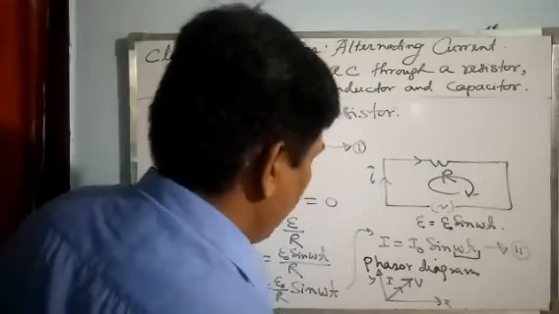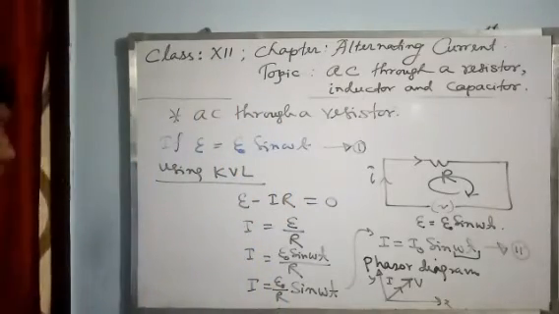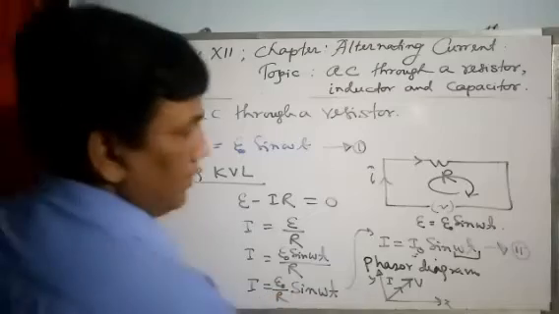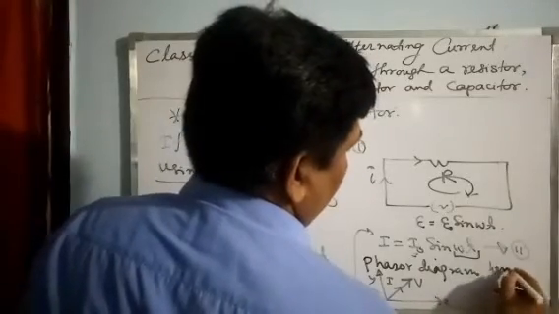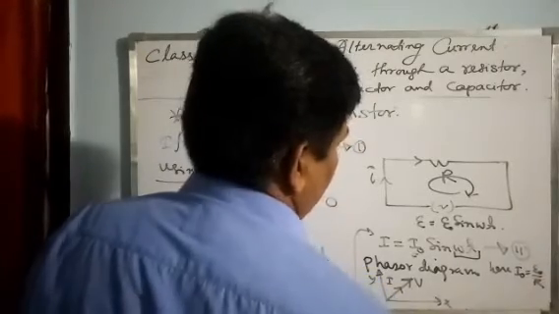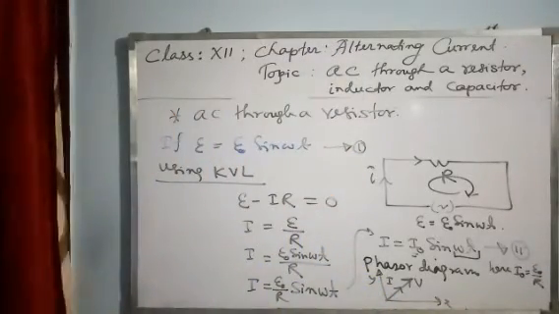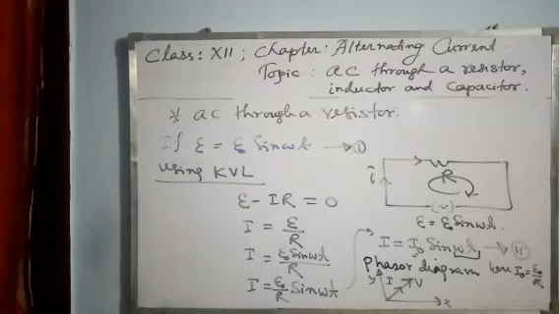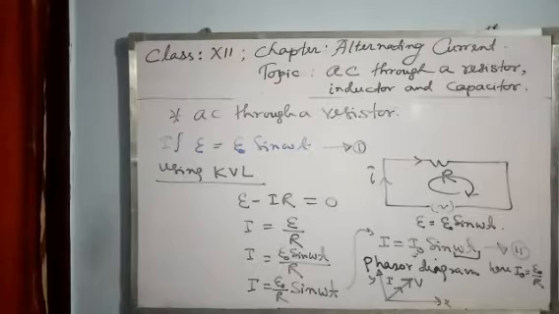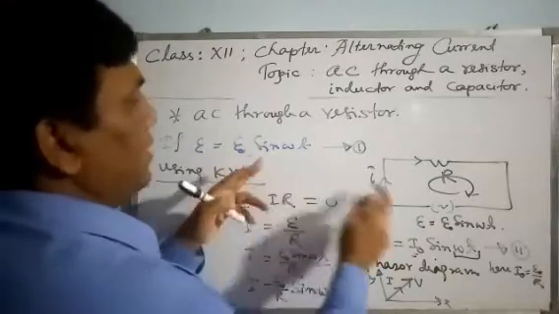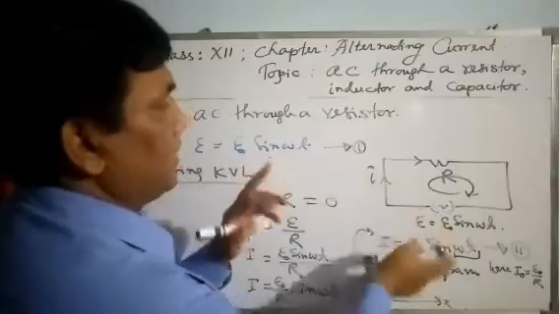You can put this diagram also. And what is I naught? That is the maximum value of current. Write down please: here I naught equals maximum voltage by resistance, E naught by R. I naught is the maximum value of I, that is the amplitude of current. Very simple. What do we understand? That they are oscillating in the same rhythm, same phase.